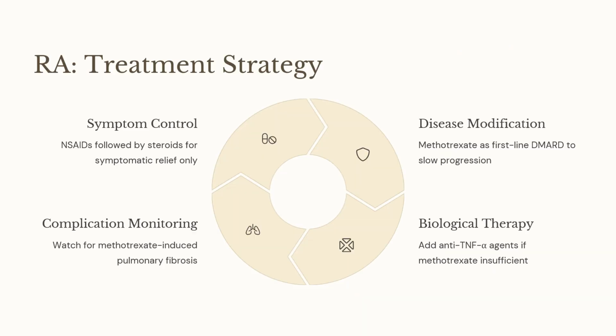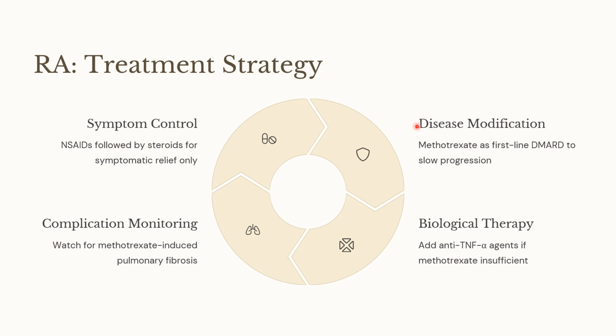In rheumatoid arthritis treatment, we have to focus on two important things. One, the patient will be having pain, so the symptoms have to be controlled. The second thing is that the disease should not be allowed to progress. For symptom control, since it is an inflammatory disease, we use anti-inflammatories such as NSAIDs, followed by steroids for symptomatic relief.